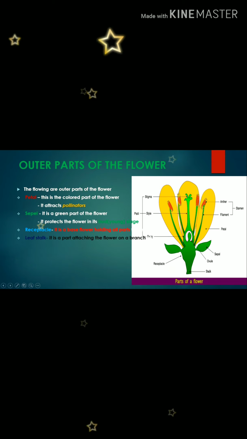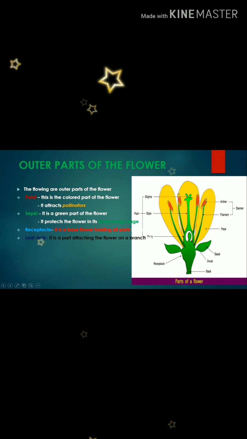We have receptacle, which is the base holding all parts of the flower. We have leaf stalk, which attaches the flower to the branch of the plant. We have ovary, which contains the female reproductive gamete.